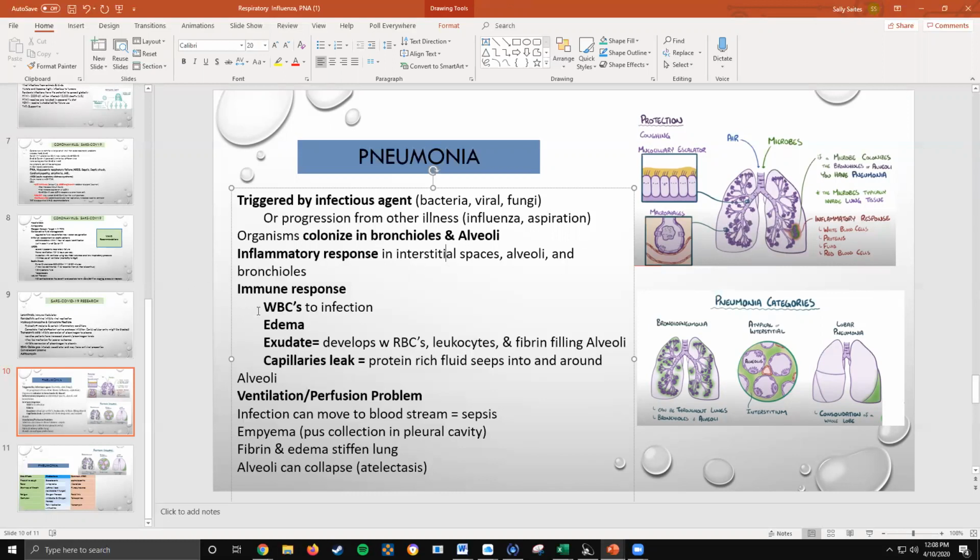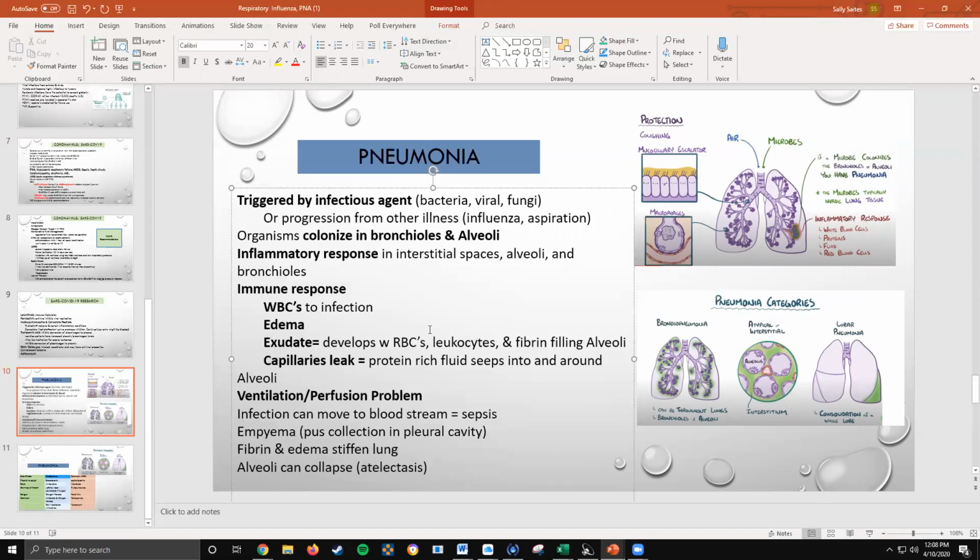So the immune response for this really is WBCs for the infection. So they kind of accumulate in the alveoli. Edema, exudate develops, with RBCs. Okay, we're going to start.